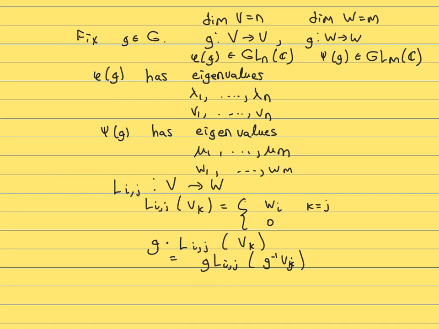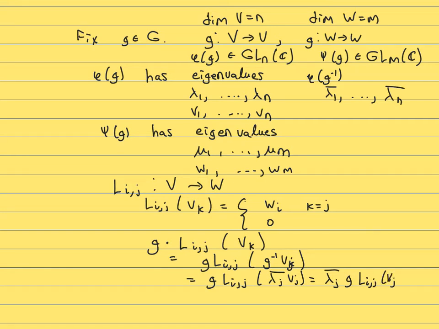Remember from last time, we had discussed this, that phi of g inverse would have eigenvalues lambda 1 conjugate through lambda n conjugate. So here we have an eigenvalue lambda j conjugate times v_j. Since that's a scalar, we can pull it out entirely. And then we have g times L_ij applied to v_j. By definition, that's lambda j conjugate times g of w_i.